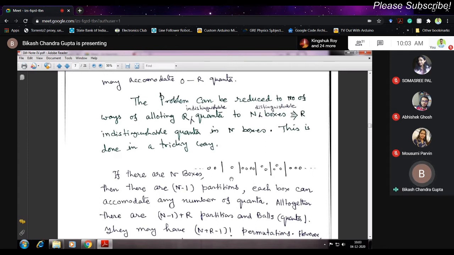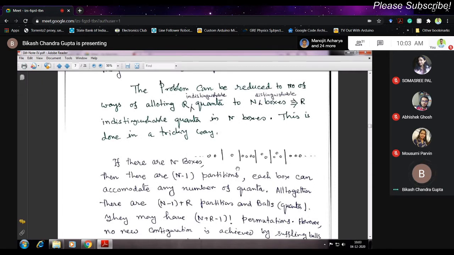So the number of ways you can configure this is, altogether you can permute the partitions and balls, which is r plus n minus 1 in total. Okay, so partitions and balls, you can permute among themselves, giving r plus n minus 1 factorial permutations.